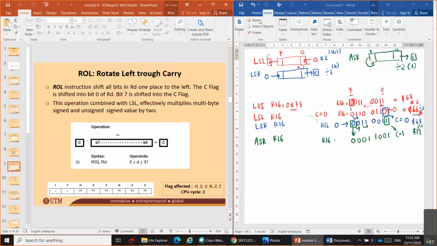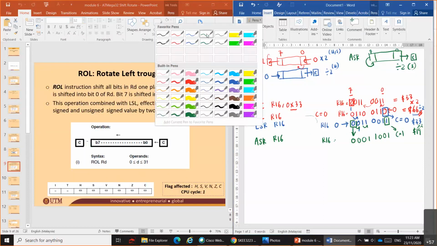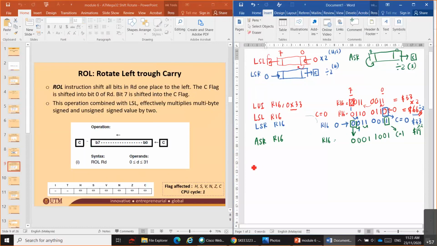Okay, so let me draw what happens when you do the ROL. For ROL, you have two C's here. One is C new, and the second one is C old.